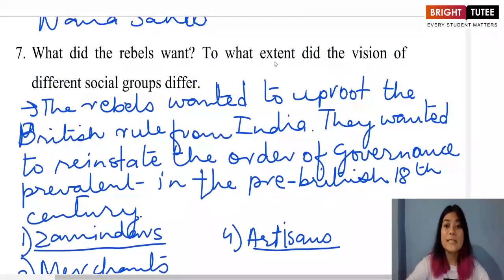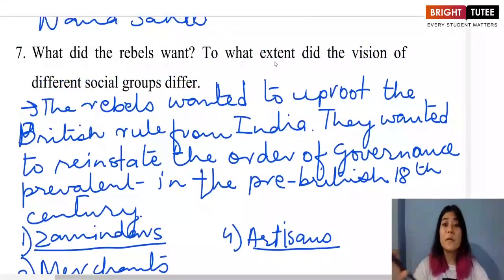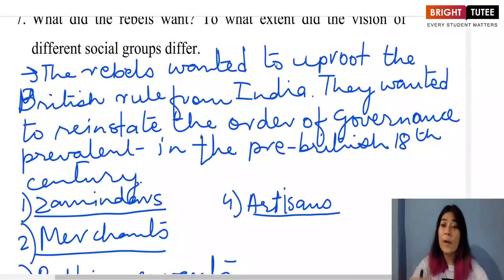So all these were the different visions of the social groups. While one was furious towards the British government because their properties and land holdings were stripped from them, others were upset because their means of livelihood was taken away.